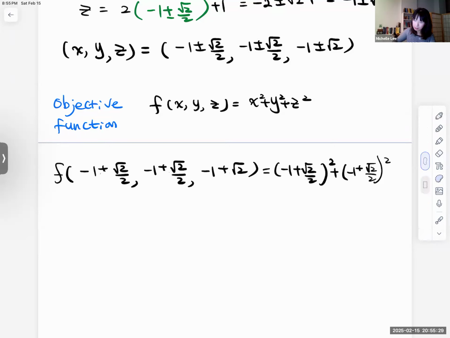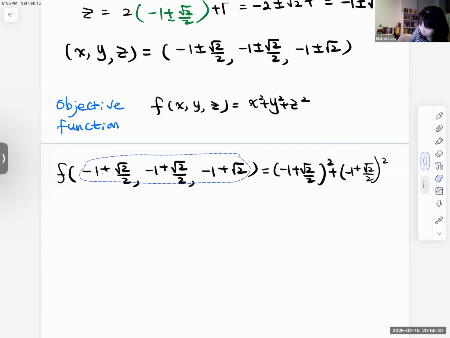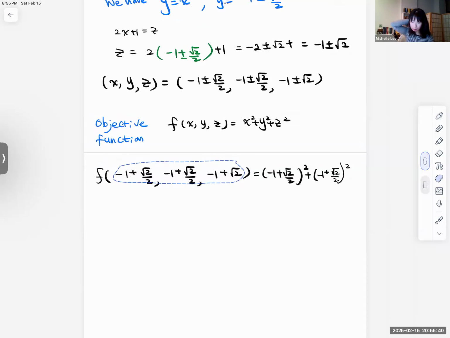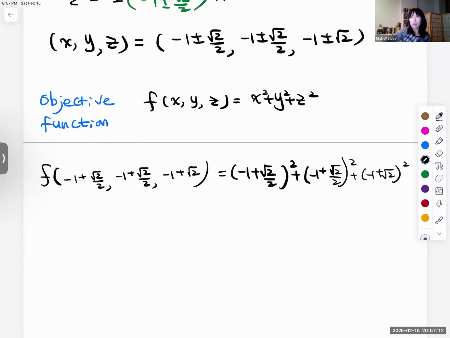I need space. Make it smaller here. All right, so I arranged it a little bit and then wrote out the z.